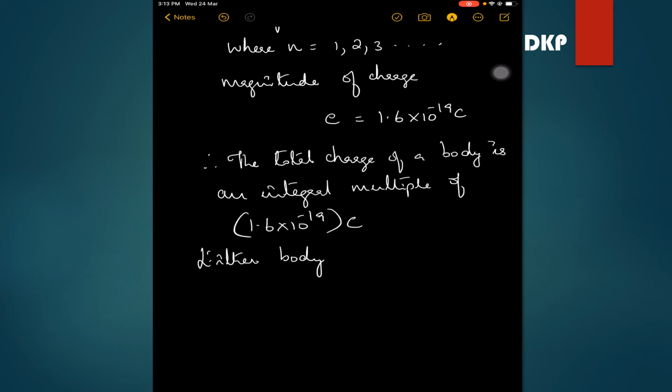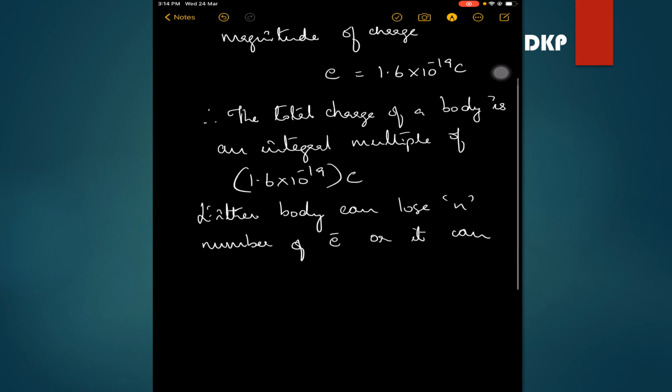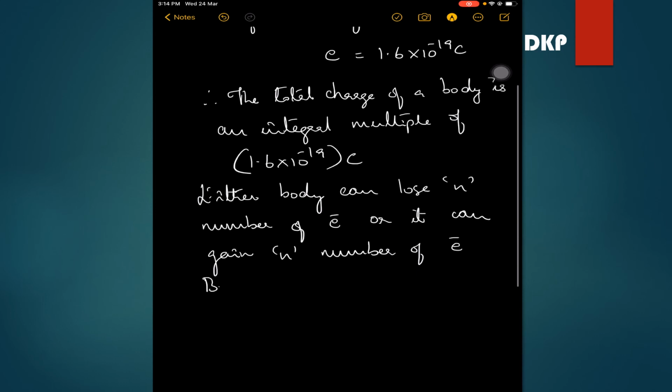Either the body can lose n number of electrons or it can gain n number of electrons, but never the fractional value.